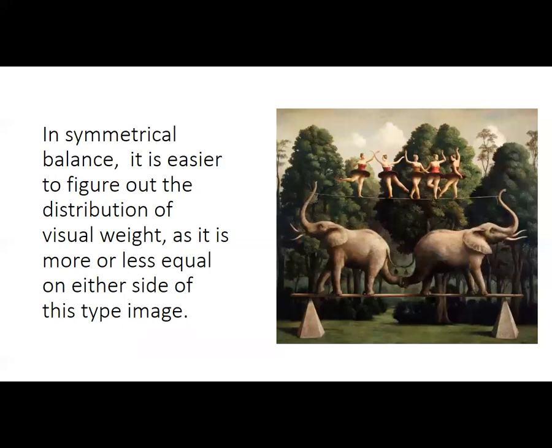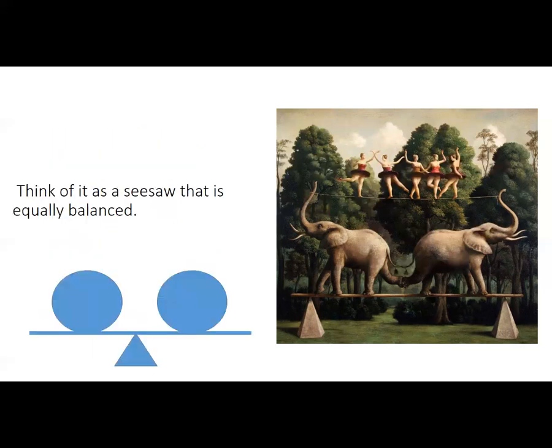When we talk about symmetrical balance, it's easier to figure out the distribution of visual weight because it's more or less visually equal on either side of the image. I picked the most obvious example because it already looks like they're on a seesaw, and this seesaw is equally balanced.